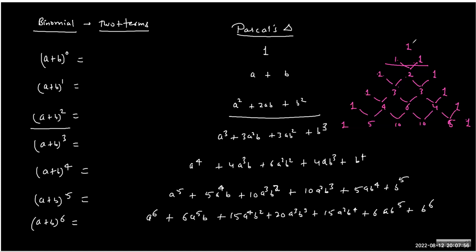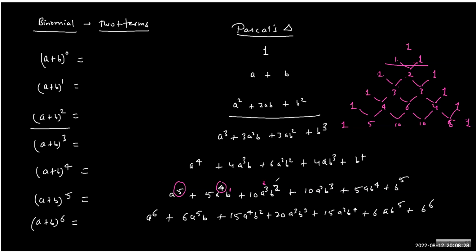And how do we write the power? Do you see the pattern of the power? I start with the highest power of a. I reduce the power of a and increase the power of b gradually till I get the highest power of b. Do you realize this? Yes, sir. I start with power 5. I reduce the power of a by 1, so it's 4. But to balance the net power, the power of b is 1. See, the net is 5.